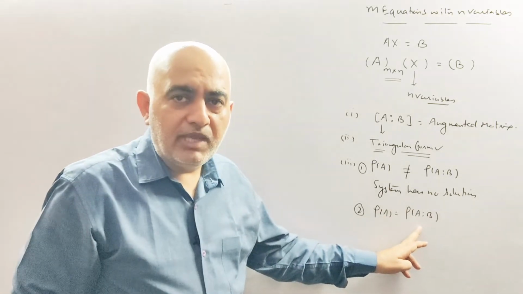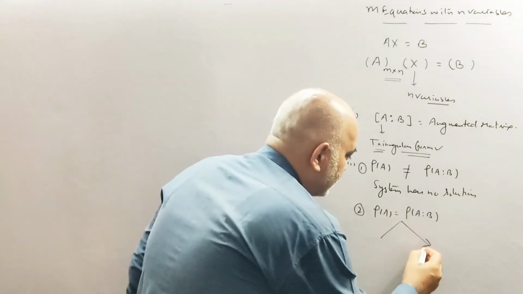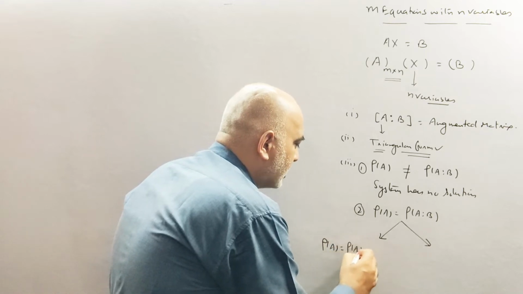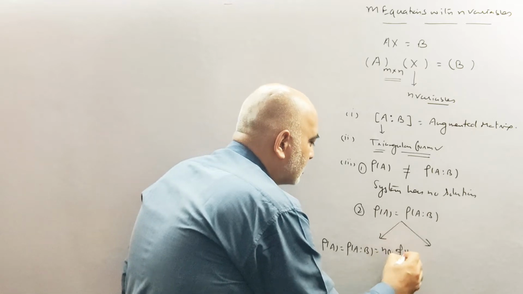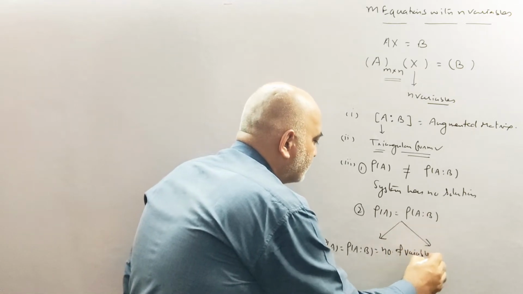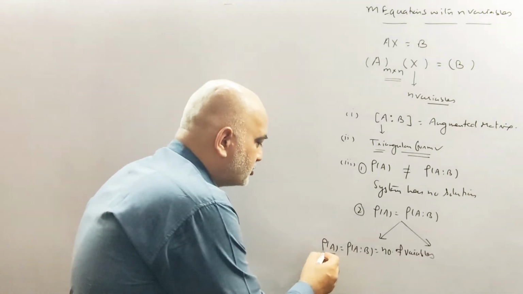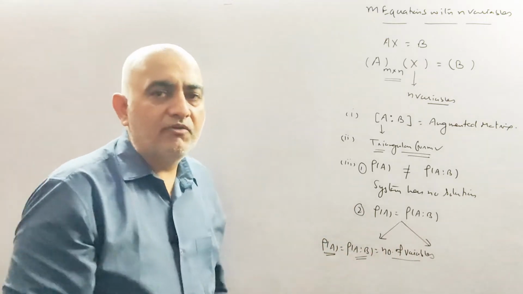In the second case, if rank of A is equal to rank of A : B, there is some more to check. First of all, you should compare rank of A, rank of A : B, and n. What is n? n is the number of variables, right? So you check rank of A, then rank of A : B, and last is the number of variables.